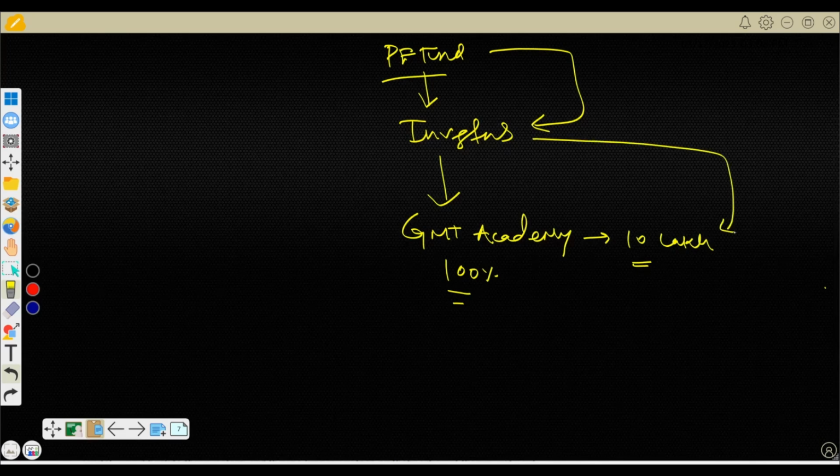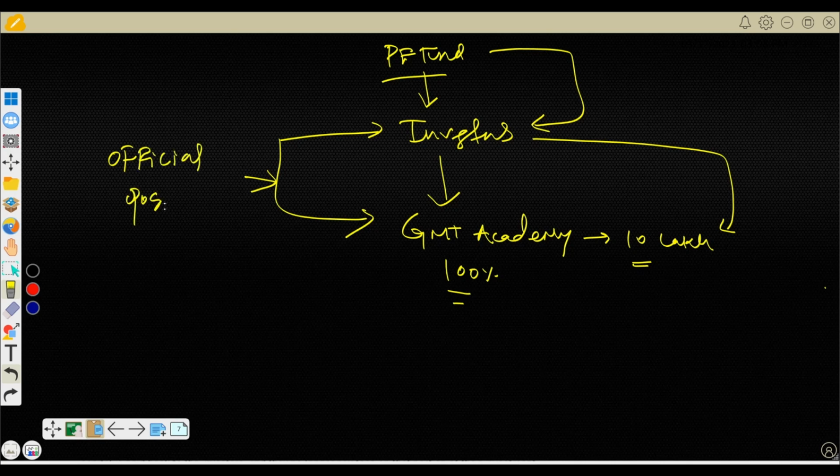So let's say investors are not only happy with the leverage. Along with the leverage, that investor wants the official position as a director.